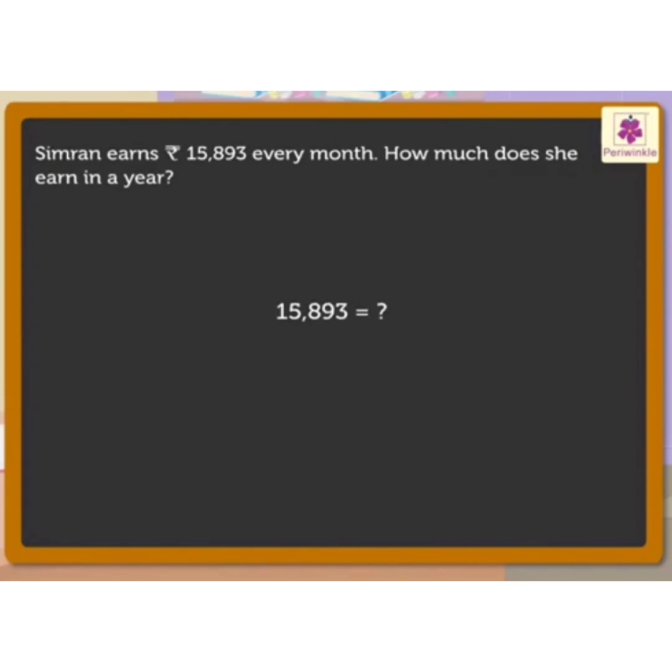What is 12? To write the statement. Now, let us begin to solve the problem. Money earned every month rupees 15,893. Number of months in a year equals to 12.